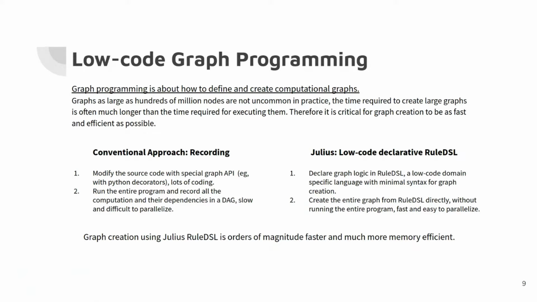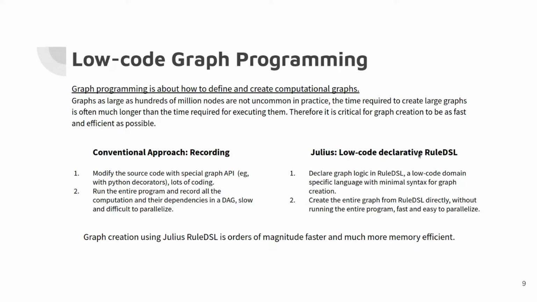And once the Python code is executed with this special API, instead of computing the numbers, it actually records the logic of that computation in the graph, does a lot of housekeeping and keeps track of the information in the graph so that it can be executed later on as a DAG. So this is a typical recording approach.